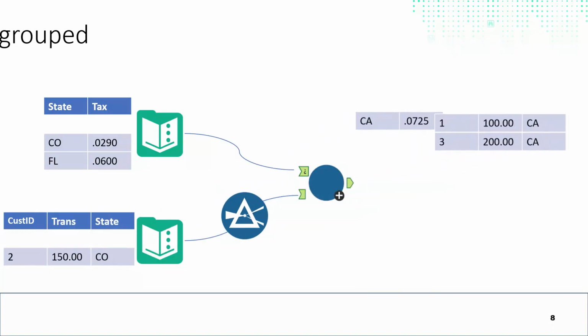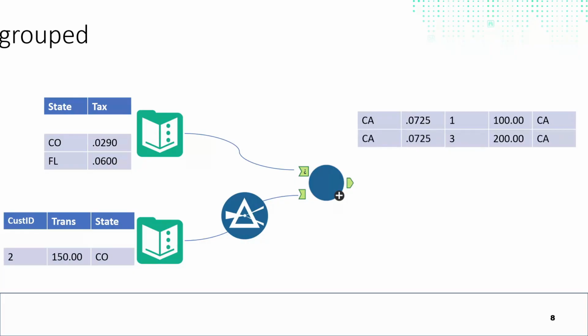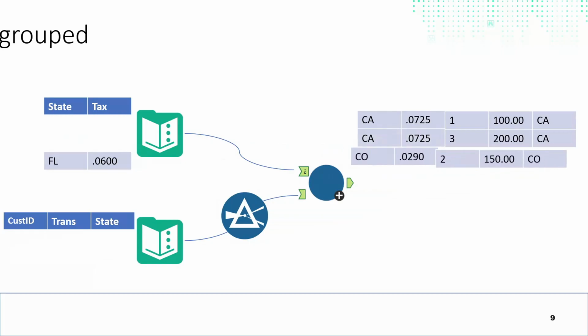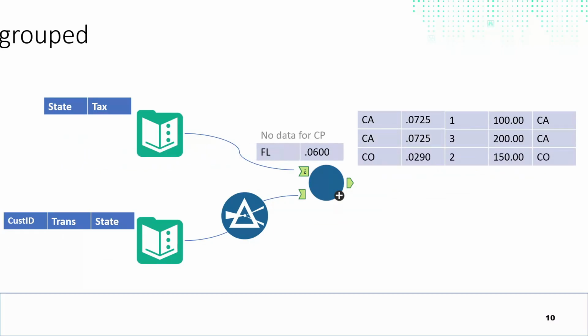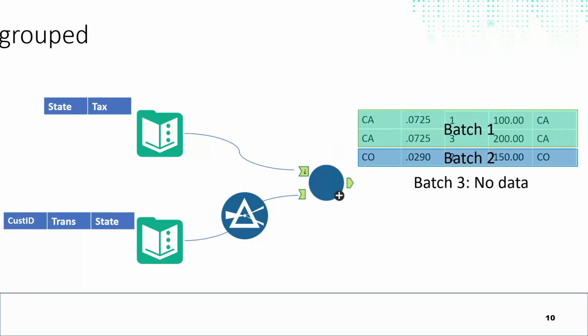The filter only brings in California, and your first batch just matches California. Then it brings in Colorado, matches only Colorado, brings in Florida, and there are no matches for Florida, so it doesn't actually do anything with it. So your batch 1 and 2 have your matches, and there is no real batch 3. And so you can see it works in a very different way. Okay? And this is kind of what we're going to explore in our next example here.